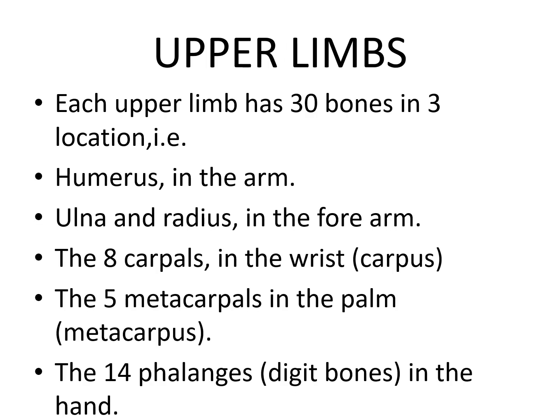Next, let's look at the bones of the upper limbs. Each upper limb has 30 bones in 3 different locations. That is to say, the humerus, ulna and radius, and the hand. The humerus of the arm has 1 bone. Radius and ulna, there are 2 bones. These are the bones of the forearm.